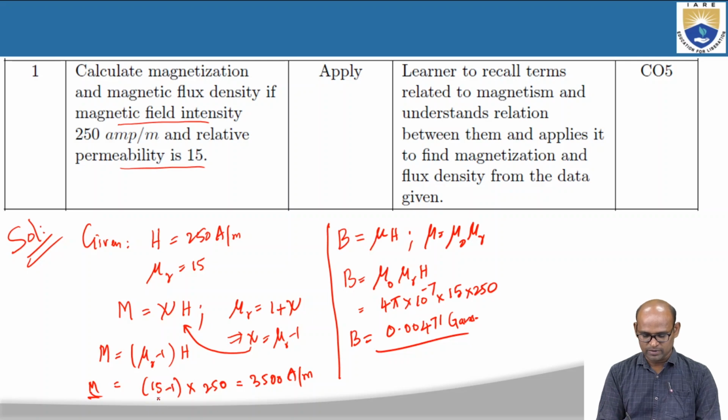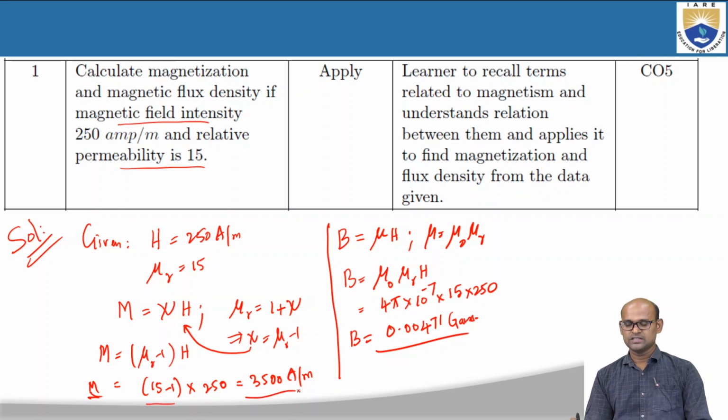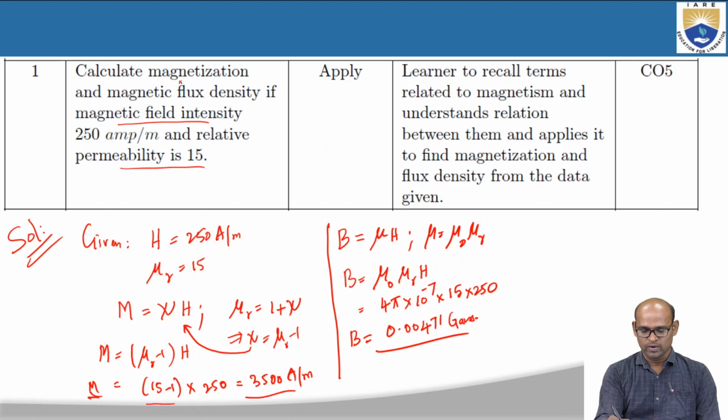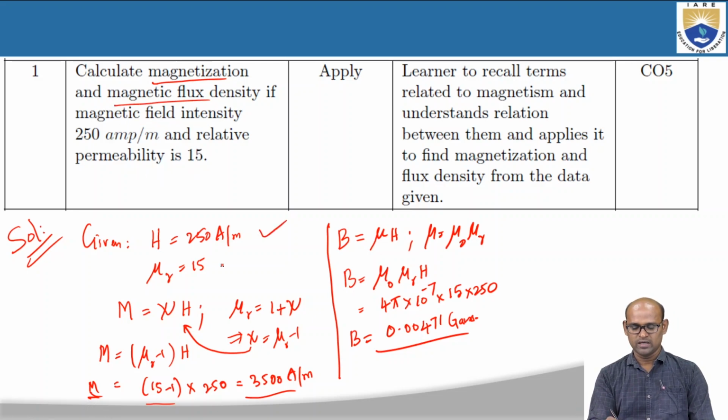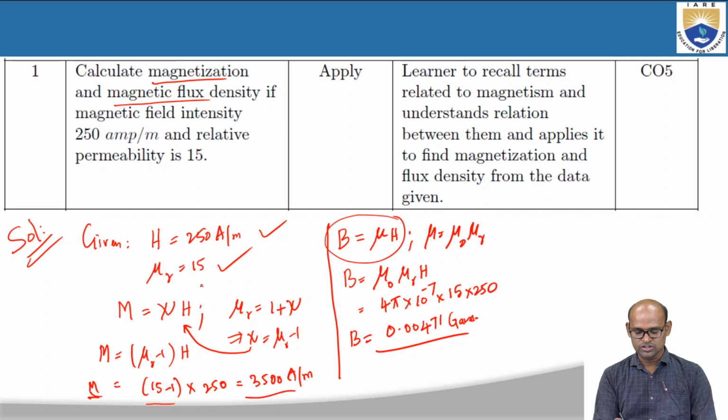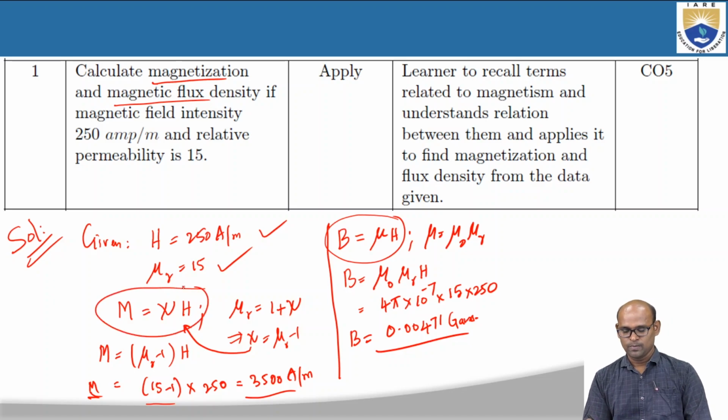So these are the two parameters we have calculated: magnetization and magnetic flux density, given magnetic field intensity H and relative permeability. We have used two equations basically: B is equal to mu H and M is equal to chi H, but we do not have the mu value and chi value directly.